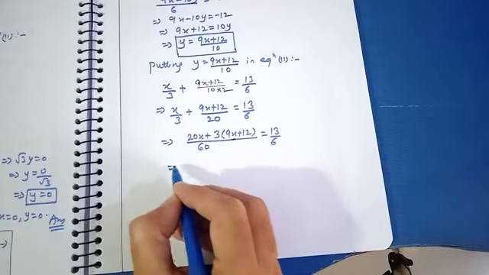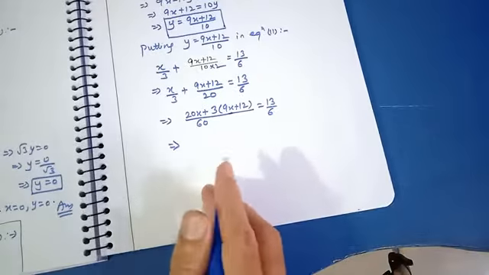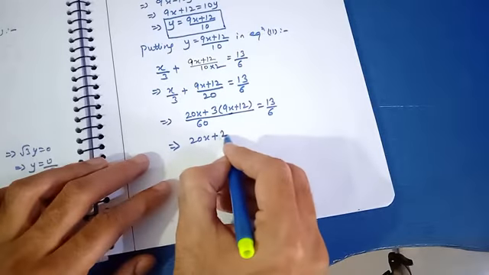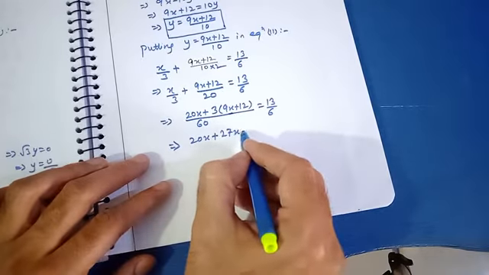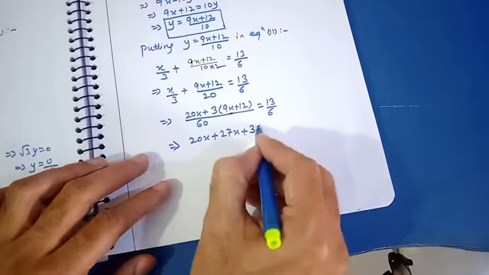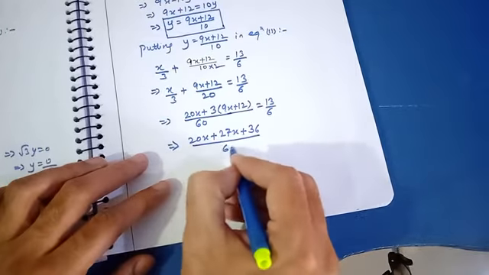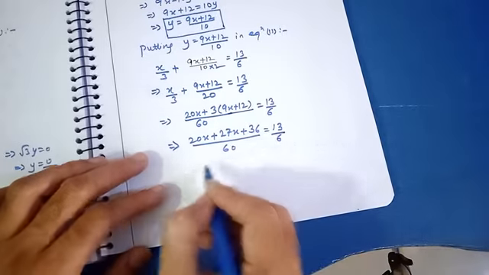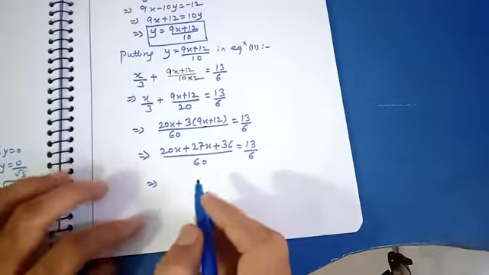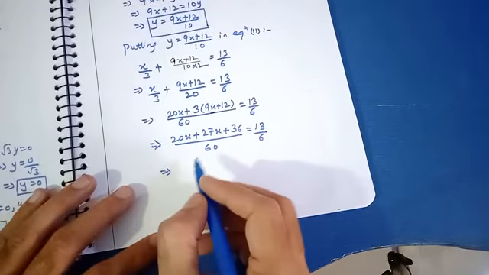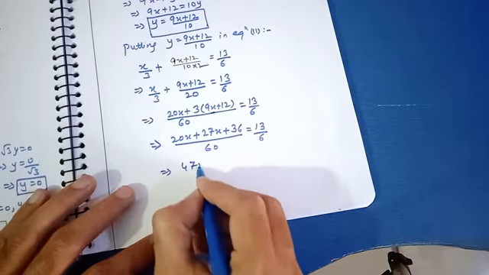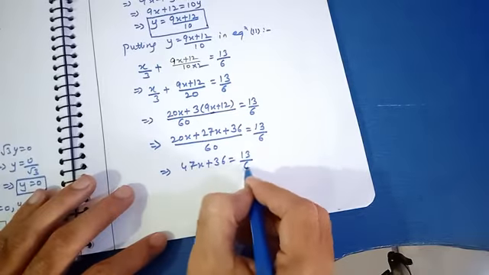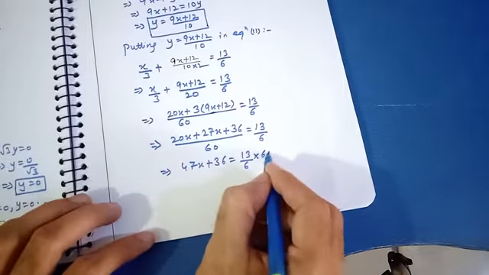So now this implies 20x plus 3 9s are 27x plus 3 12s are 36 upon 60 equals 13 upon 6. You can write it like this. Now 20 plus 27 will be 47x plus 36. Now you can cross multiply this 60.